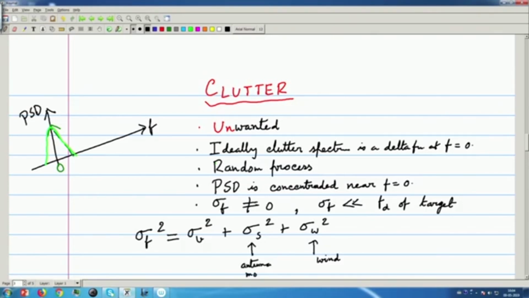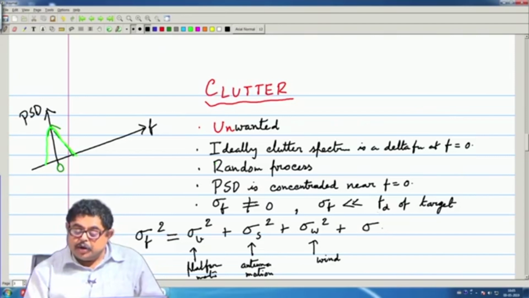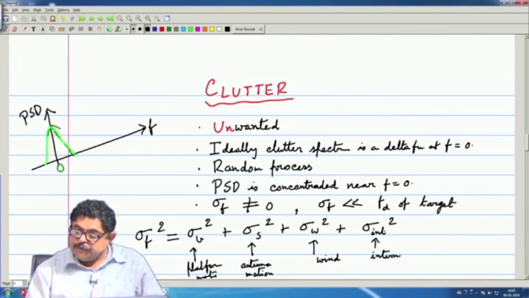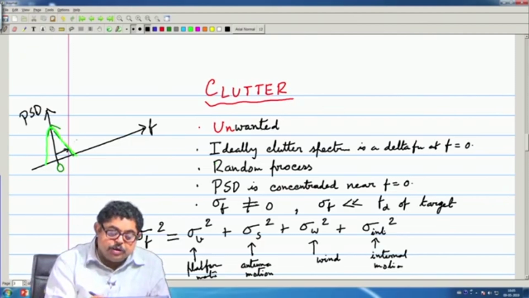If it is a mechanical antenna, nowadays for phased array this term won't be there, then this is due to platform motion, then I can also say that the internal motion of the clutter, internal motion, etc. You can have various others. So, this overall, but this is small. So, I can say that this is the sigma f.